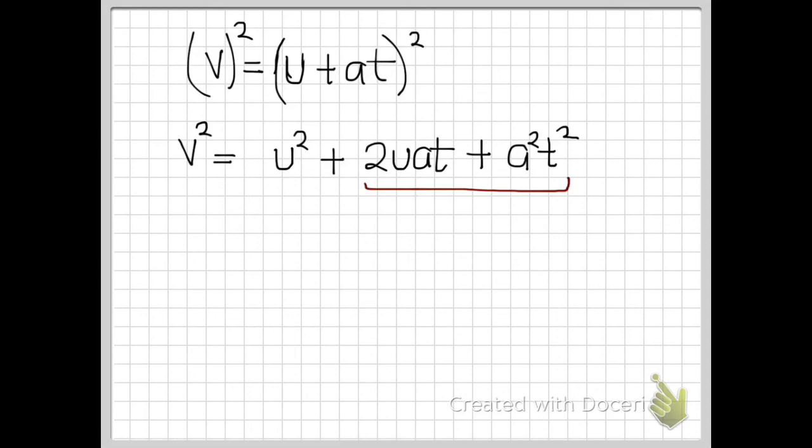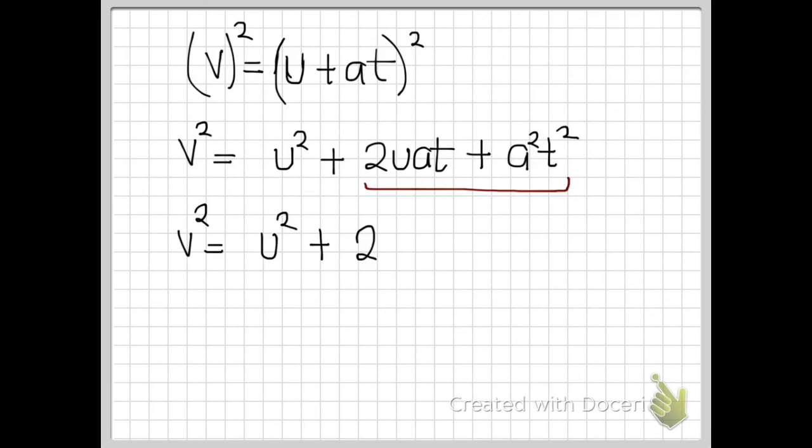So there we can actually factorize. We get u squared. So what's common between them? We can factorize the 2 and we can factorize the a. Factorizing it out would give us the expression we're looking for, which is ut plus half at squared.